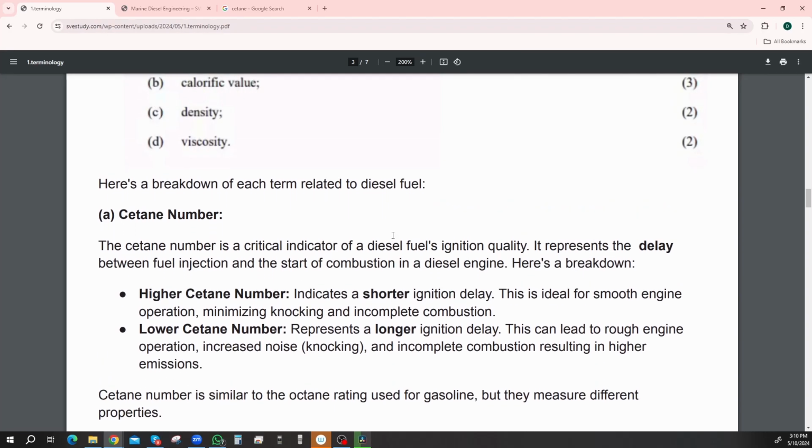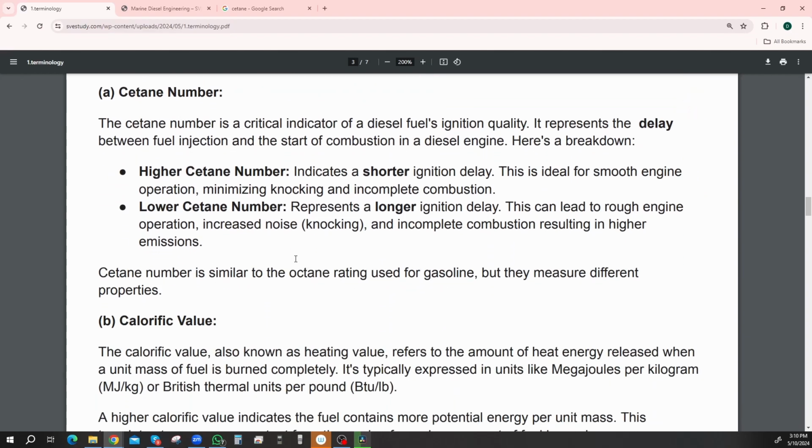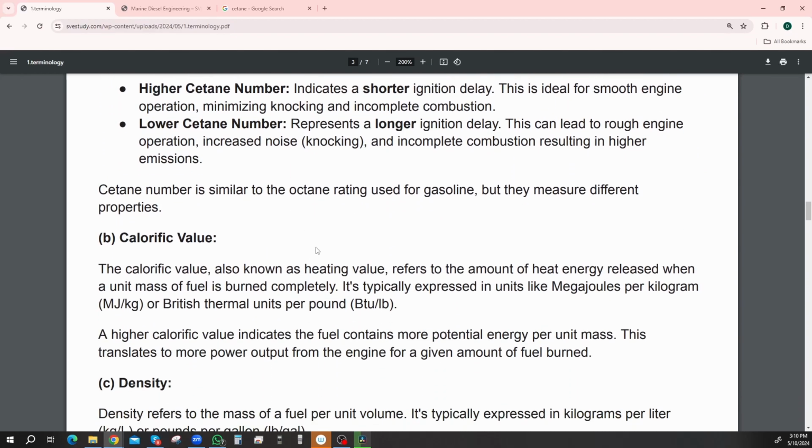But okay, maybe cetane is only used in diesel, and octane is used in petrol. Okay. Cetane number is similar to the octane rating used for gasoline. Yeah, but they measure different properties. Okay, so it's just the opposite of octane, but you use it in the opposite fuel as well. Petrol is octane, and diesel is cetane.